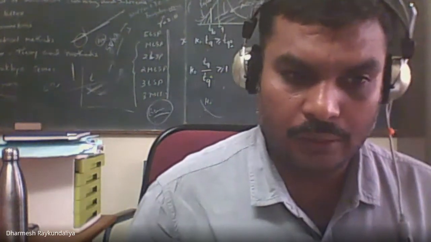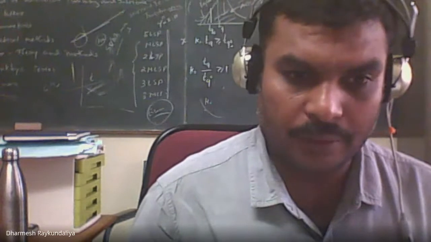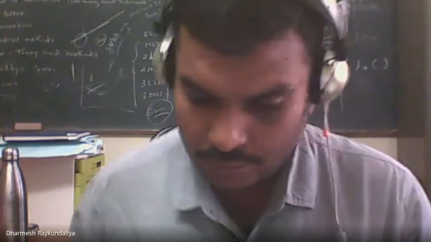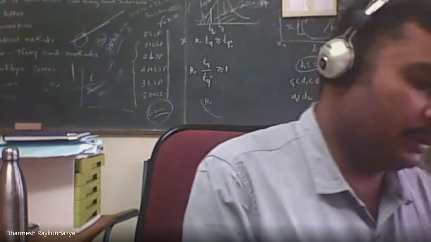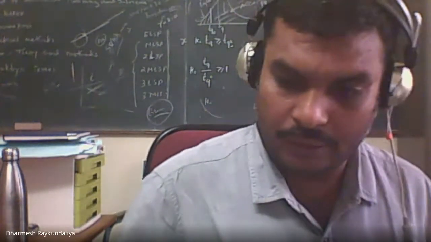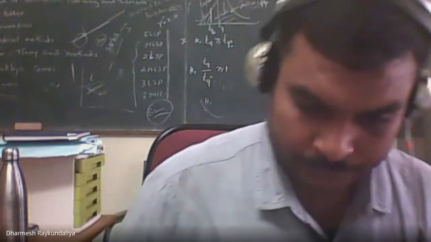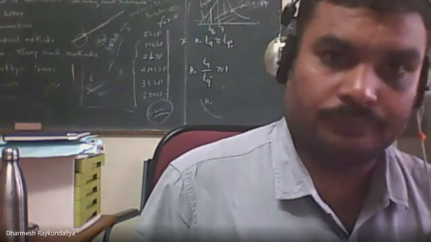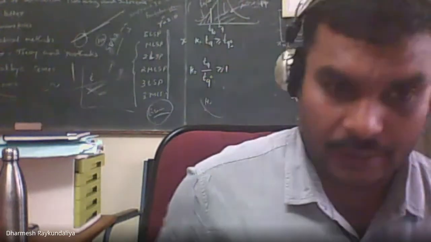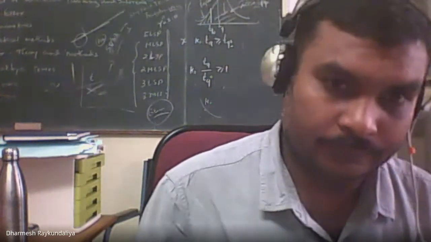So today we will see the practical based on the acceptance rejection method. That means generation of random variables using the acceptance rejection method. What exactly is the acceptance rejection method doing?